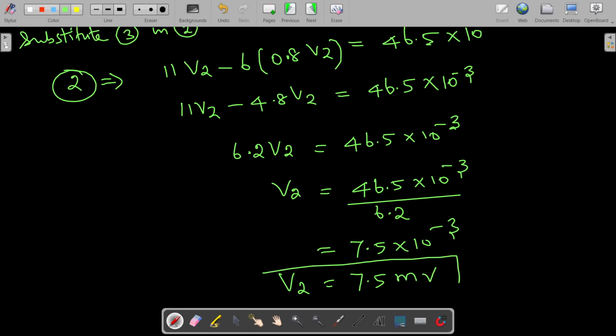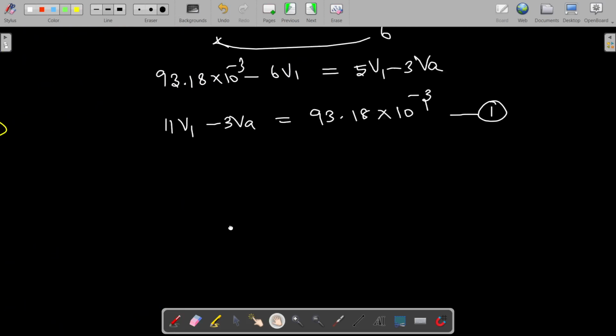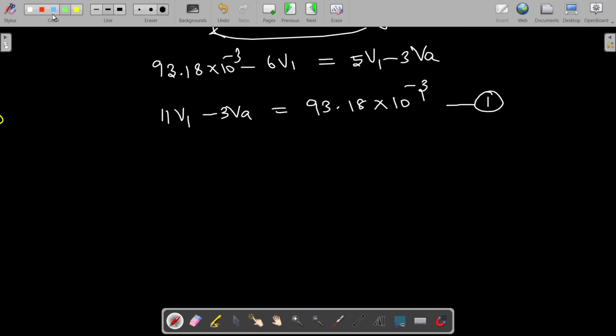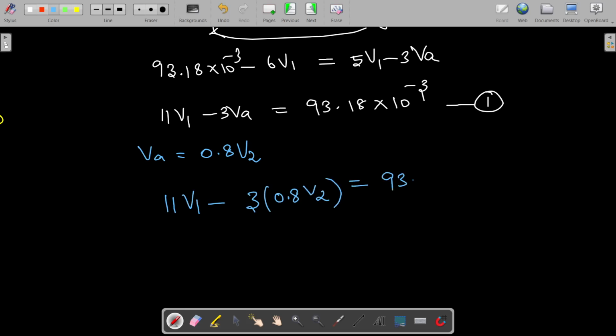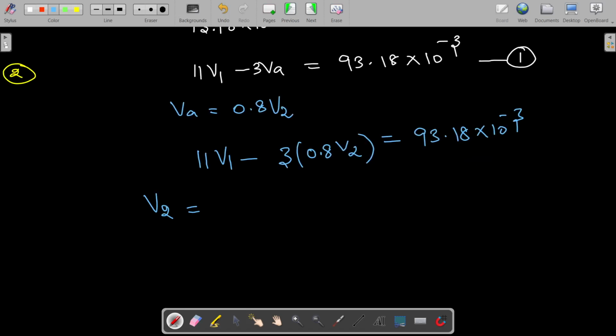So we have one voltage source for the differential amplifier. Let's take this as equation number 4. Similarly, we move on to the first equation. In this equation, instead of Va we can substitute the value 0.8 V2. So it is 11V1 − 3 times 0.8 V2, equal to 93.18 × 10^-3. We found this V2 value as 7.5 millivolts, isn't it?